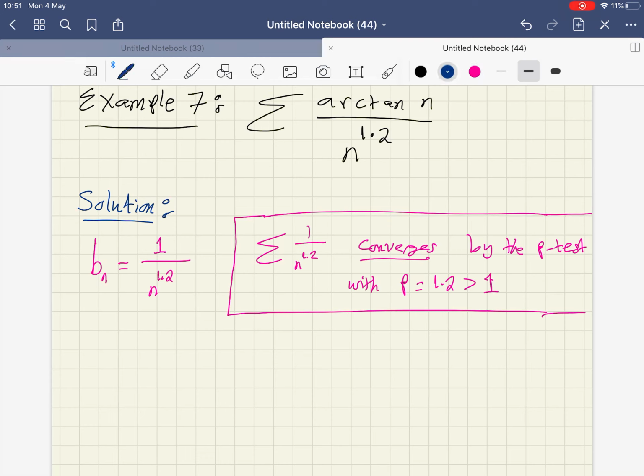Now let's find the limit. The limit will help me to get to the final answer. So I have the limit of An over Pn, equal to the limit as n goes to infinity.